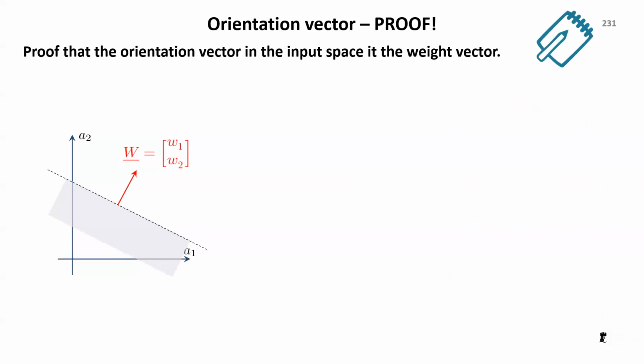A very important concept. I cannot continue to lecture 3 before I explain this. So that's why I'm going to explain this. We have talked about the orientation vector, but maybe this is not clear.